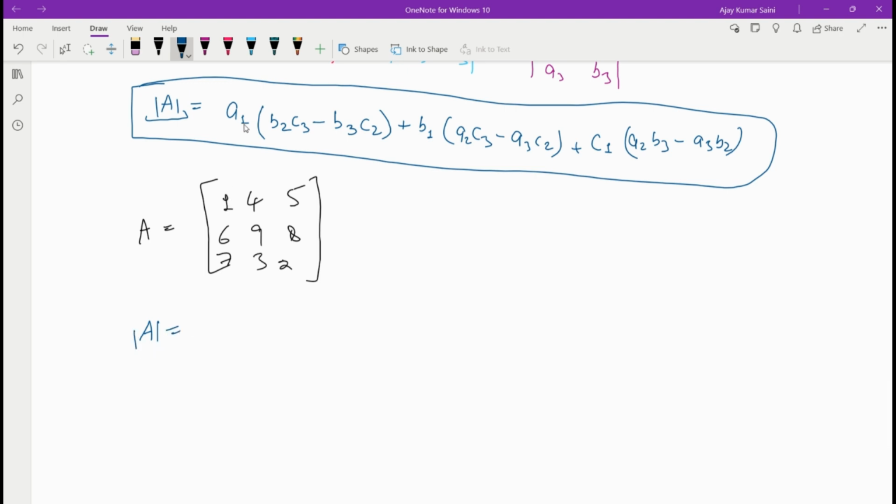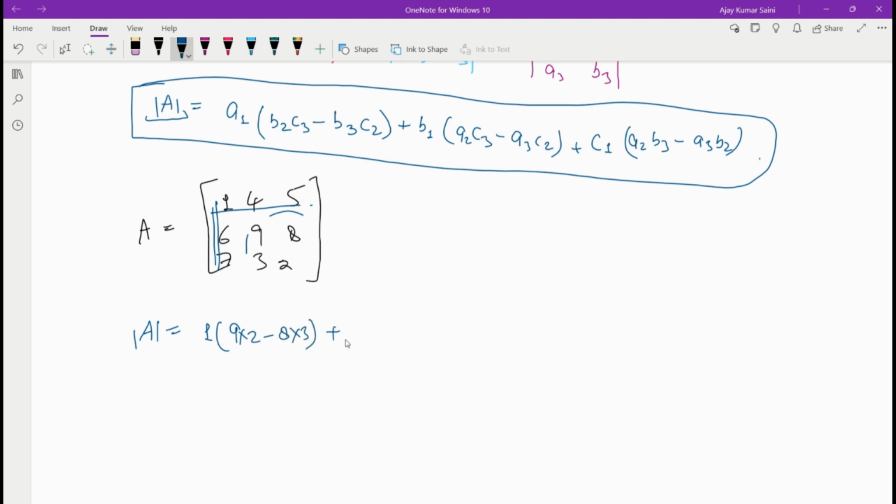You can do it using this formula, taking it row and column. One is common, so these four are left: 9 into 2 minus 8 into 3.